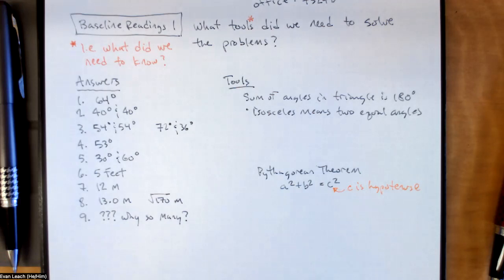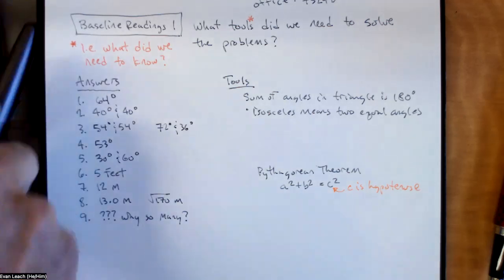All right. In problem number 4, what did we need to know? What was the new thing in problem number 4? Yep. In this case, we have a right triangle. That means one of the angles is 90 degrees.